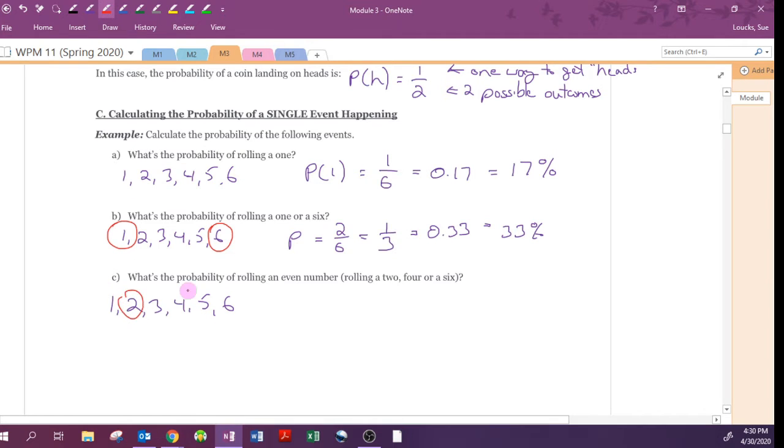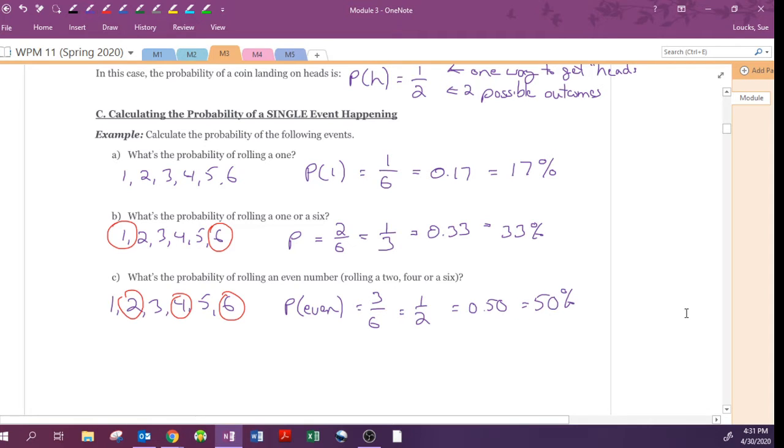And if we get a 2 or a 4 or a 6, we've rolled an even number. So the probability of an even number is 3 out of 6, which we would always reduce to 1/2. We could write that as 0.50, or we could write that as 50%.